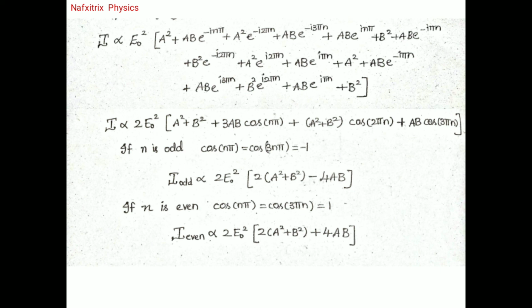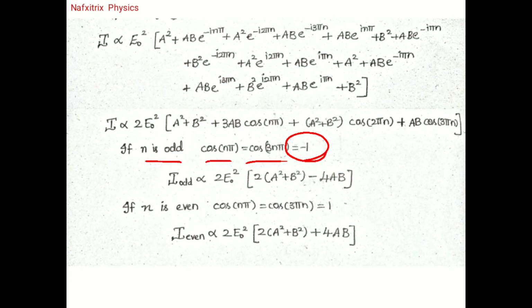Now we need to look at what happens if n is odd and if n is even. When n is odd, cos n pi or cos 3 pi n, that means cos pi, cos 3 pi, like that terms, all of them would be minus 1, because they would be in the second and third quadrants.